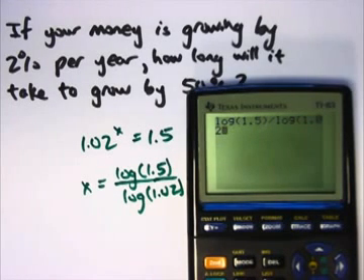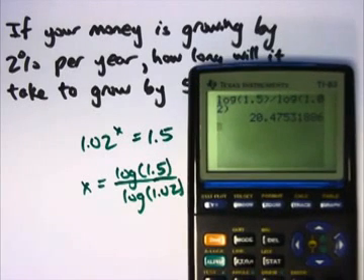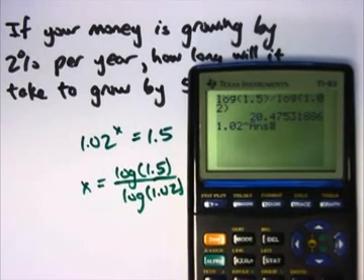Well, I don't need an end parenthesis there, but I'll put one anyway. About 20.475. That's how long it's going to take your money to grow by 50%. When I do this, I think about it, I should get 1.5, and I do.